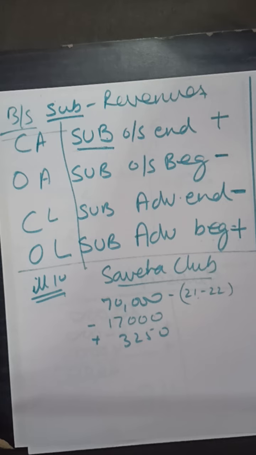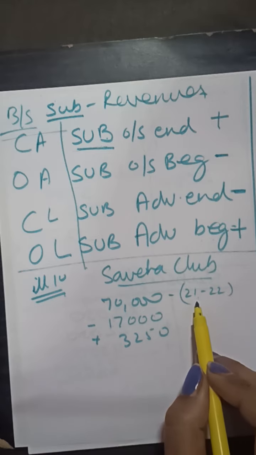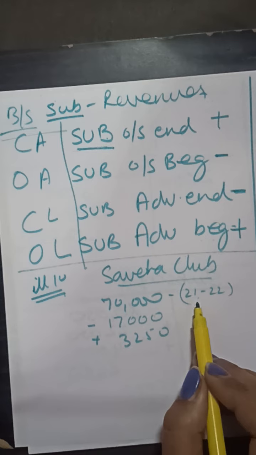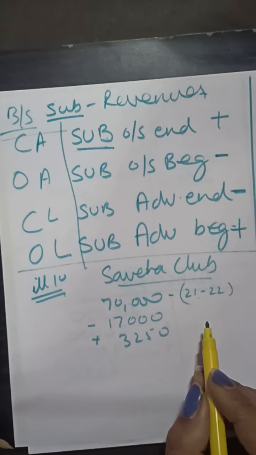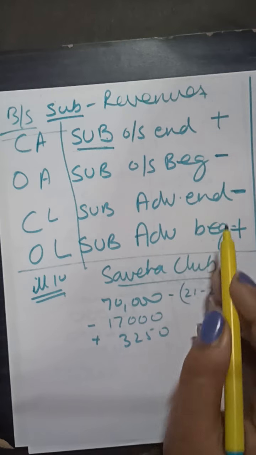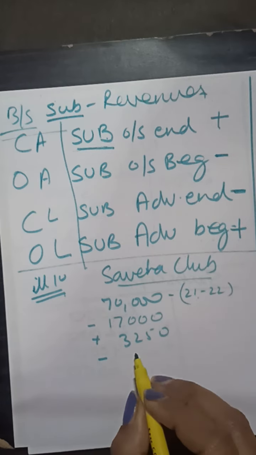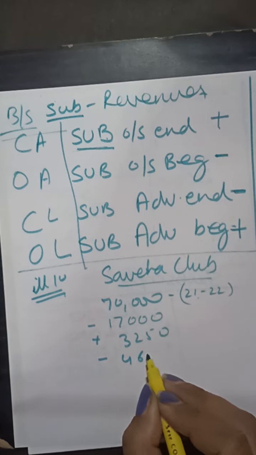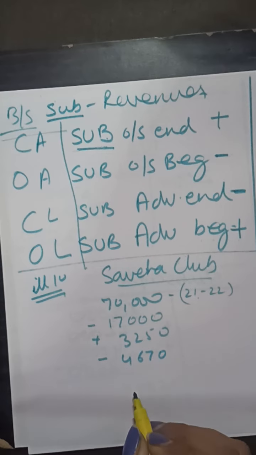Then they say subscription received in advance on 31st March 2021. That means it is at the end of this year. In case it is received in advance at the end of this year, advance at the end will be subtracted. Minus rupees 4670. That also will be subtracted.